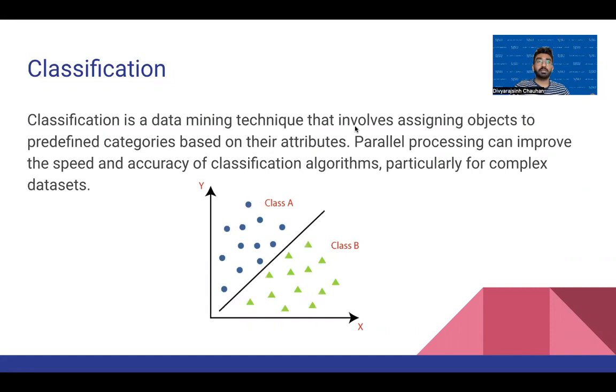The resulting function can then be used to predict the class label of new and unseen data points. It is used in a wide range of applications like spam filtering, image recognition, and sentiment analysis.